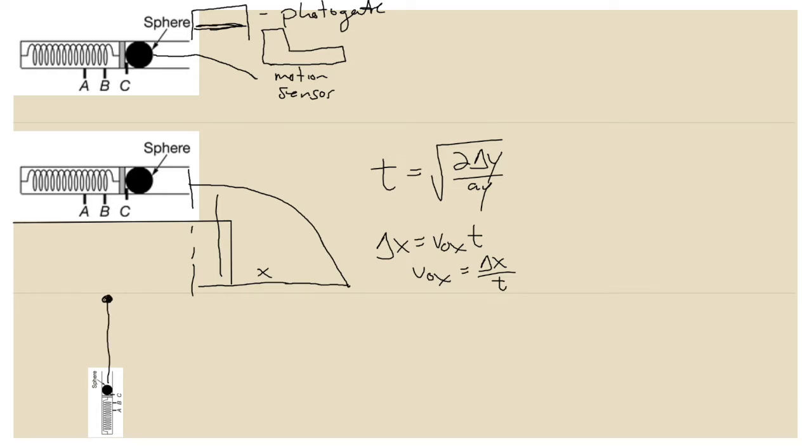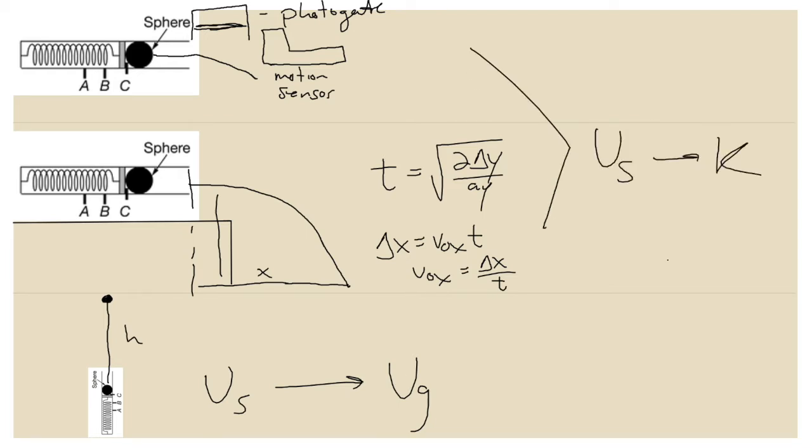Because when the sphere stops at the maximum height, all of the energy is gravitational potential energy. So basically, the elastic potential energy that's present in the spring is turning into gravitational potential energy at the end, whereas in these two methods, the elastic potential energy is converting into kinetic energy. Both of these options, though, it should be noted, are viable.